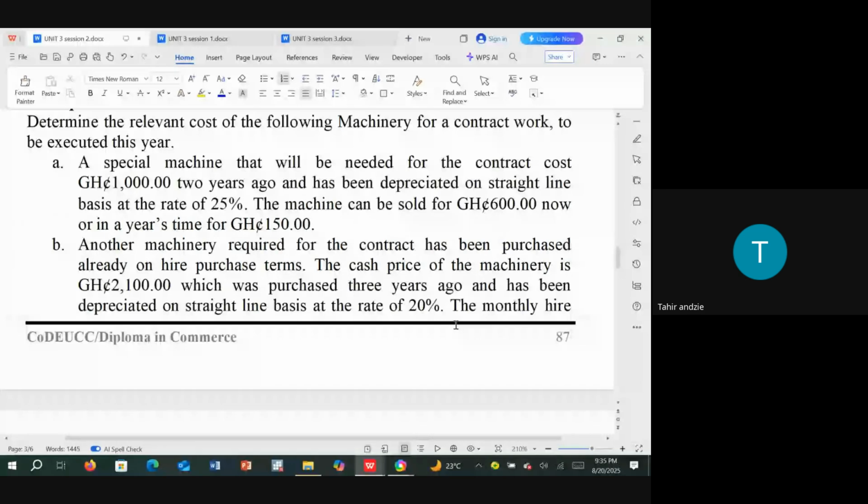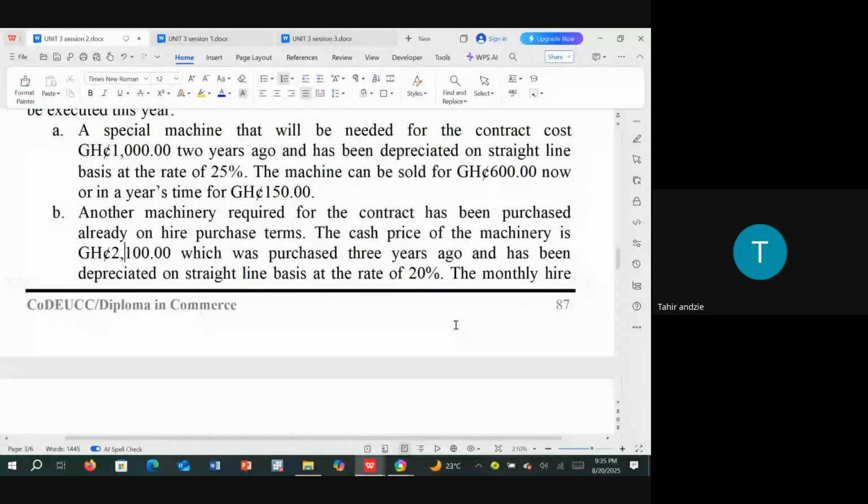Very good. What will be the relevant cost of machinery B for this contract? Here we are told that this machine has been purchased on hire purchase 3 years ago. The purchase price is 2,100.